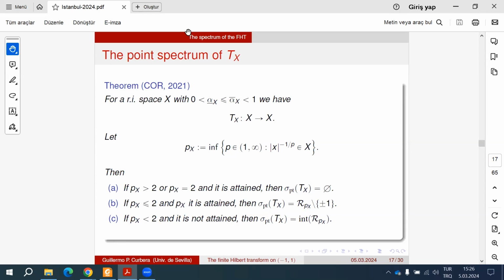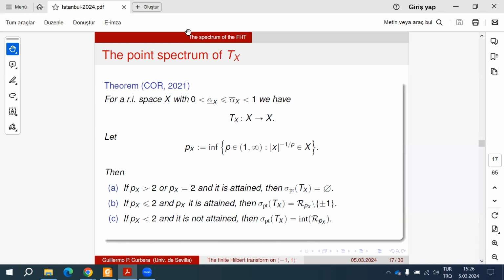Then we have a result: if Px is larger than or equal to 2 and is attained, because this is an infimum that can be a minimum or not, in these conditions, point spectrum is empty. If P is smaller than or equal to 2 and is attained, then point spectrum is the same shape that we had before, but we have to take out the 2 points, 1 and minus 1.